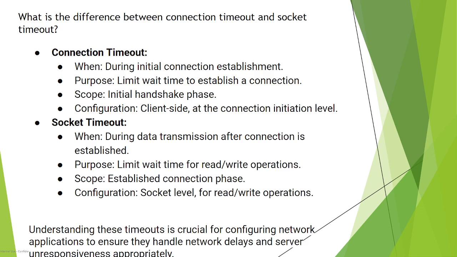Its scope is the initial handshake phase, and it is configured on the client side, at the initial connection level. So there should be a connection timeout to make sure the connection happens within that period of time, and if it doesn't happen, the connection should time out.